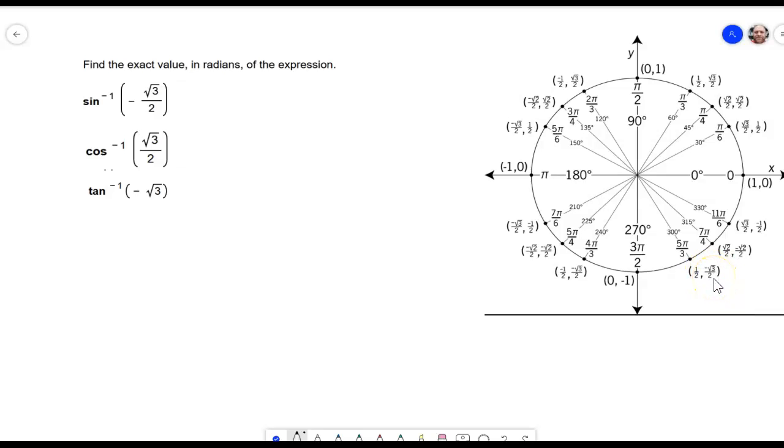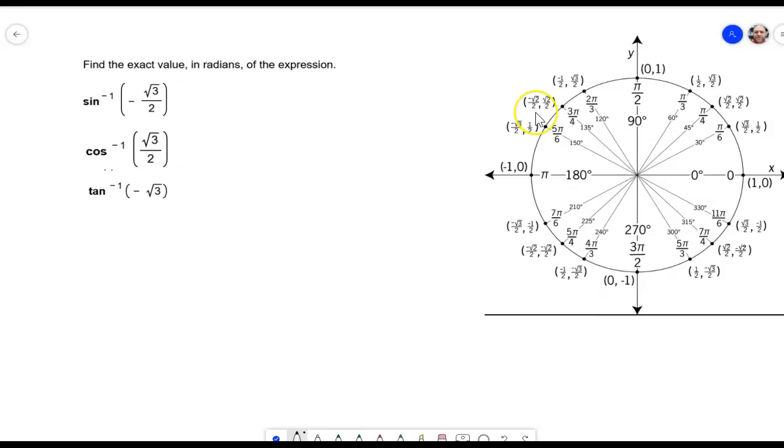So what is it going to be? Is it going to be 5 pi over 3 or is it going to be 4 pi over 3? I don't know which angle to use. And actually, I can add 2 pi to either one of those and give you an infinite number of angles back, because there's an infinite number of coterminal angles for each of those.